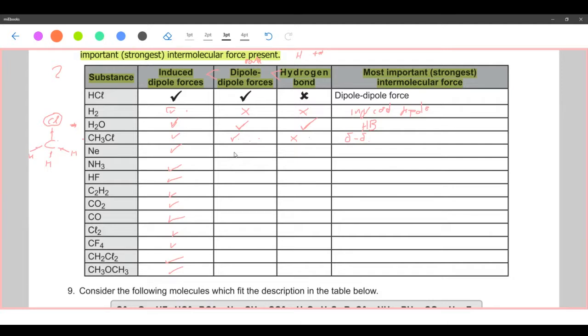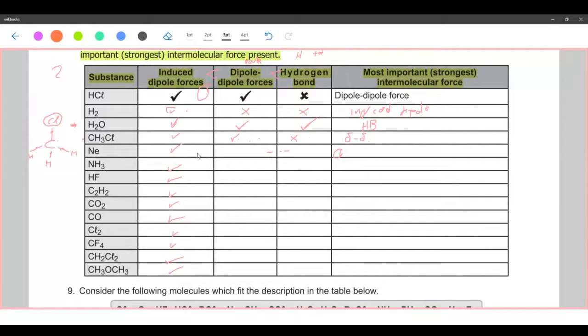All right, the next one, Ne, Gabby. So I said no and no, and then the strongest is induced dipole. Right, so neon, a noble gas, has induced dipole forces and the strongest force is induced dipoles.